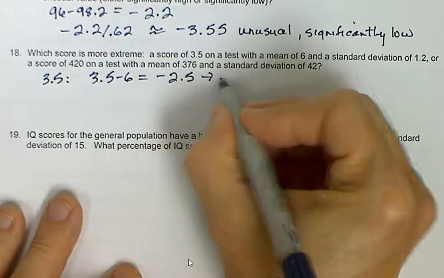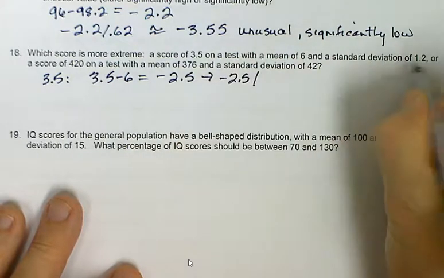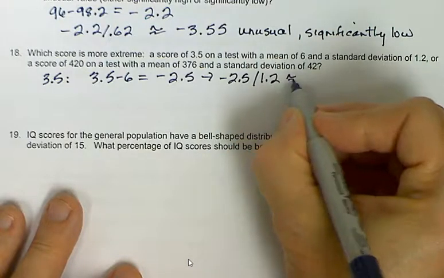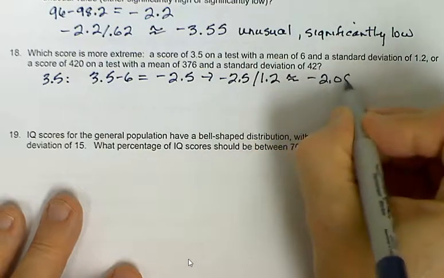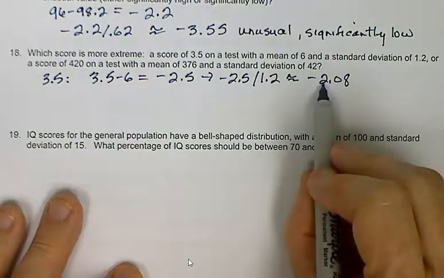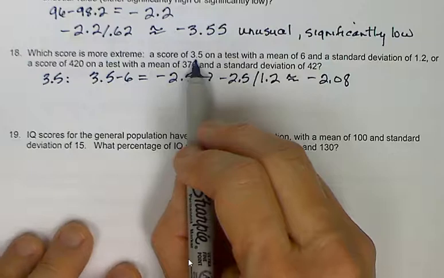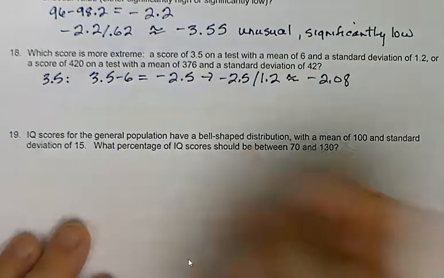Then we're going to take negative 2.5 and divide by our standard deviation, which is 1.2, and that gives us approximately negative 2.08. So again, this is less than -2. That would mean we'd consider this an unusual value. It would be unusually low.